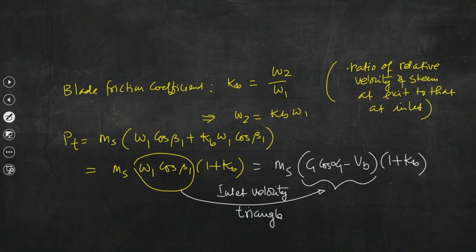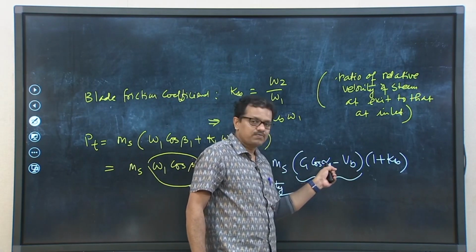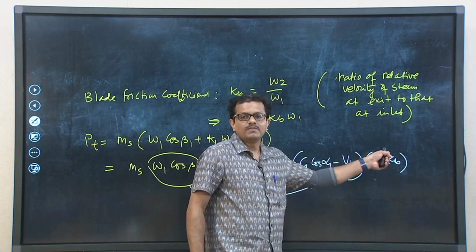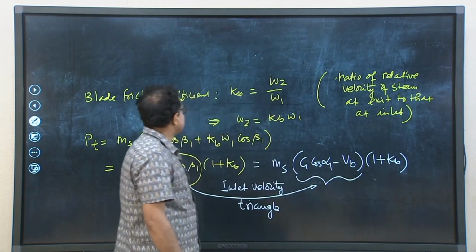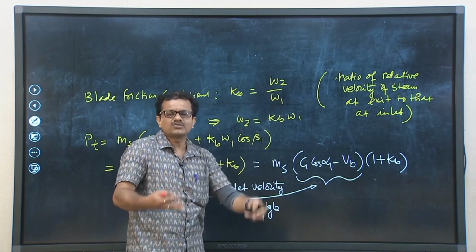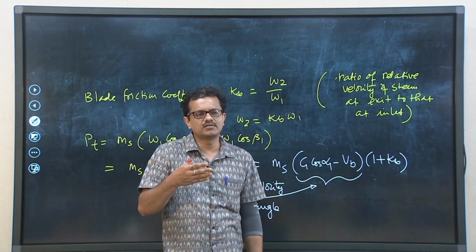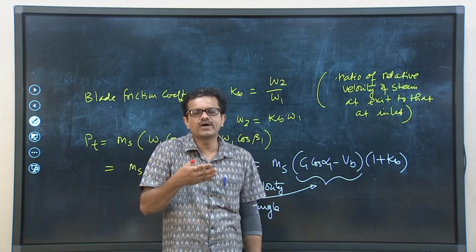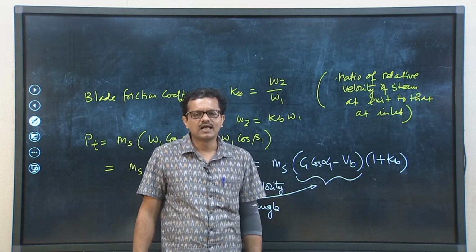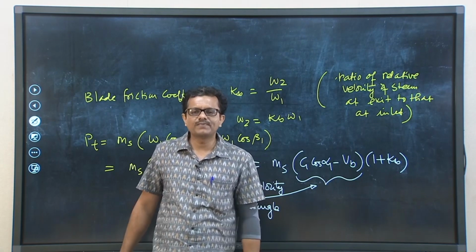Try to understand, our objective is to express this tangential thrust in terms of blade velocity, flow angle, and also the blade friction coefficient. Since W2 is not equal to W1, there is always a loss of energy due to friction while steam is passing through the blade passage, and that is W1 square minus W2 square by 2, known as loss of energy.